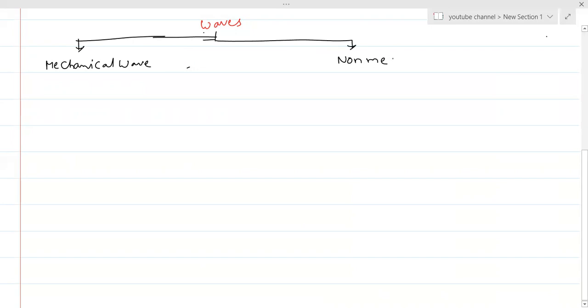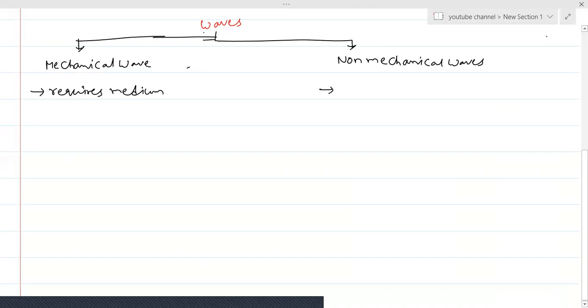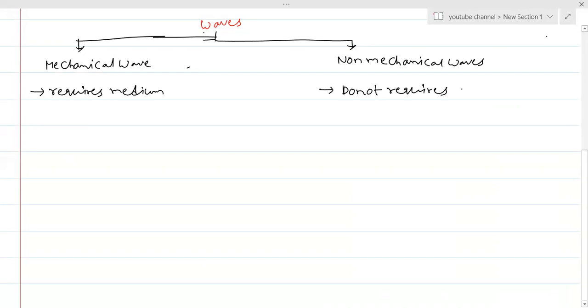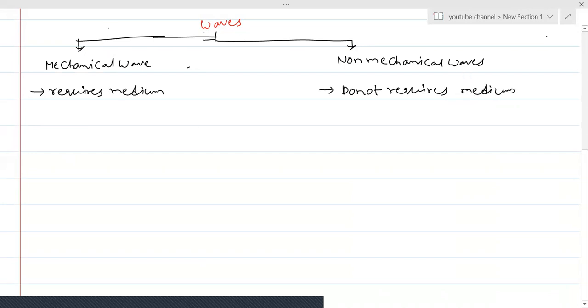On the basis of availability of medium, we divide them into these two. Mechanical waves definitely require a medium, whereas non-mechanical waves do not require a medium.